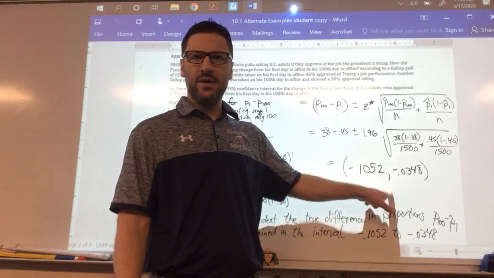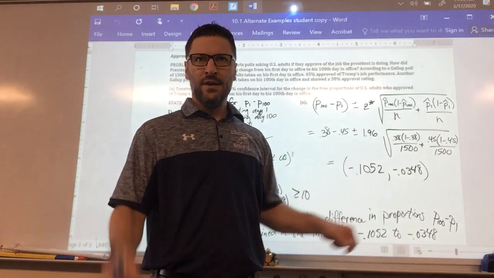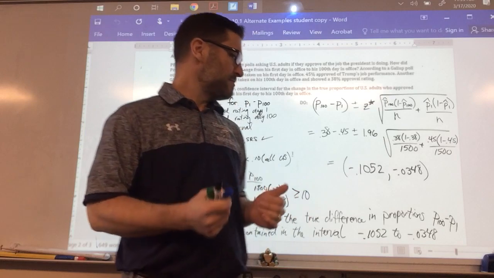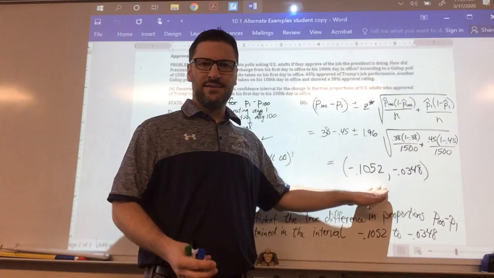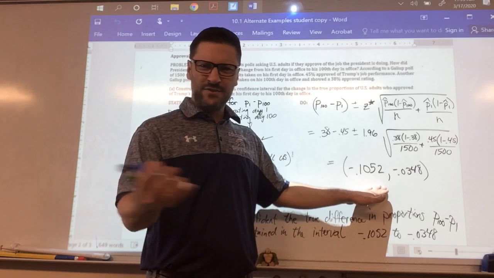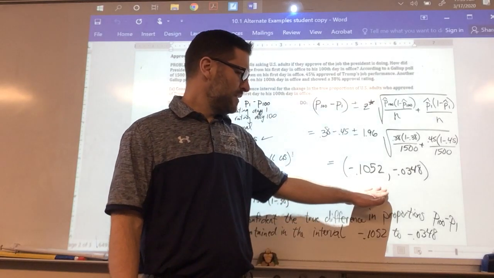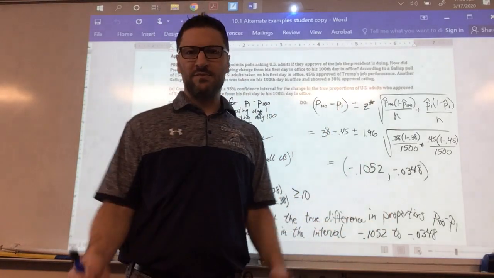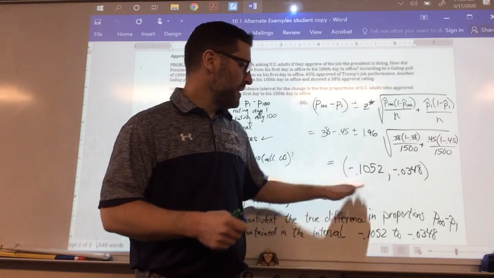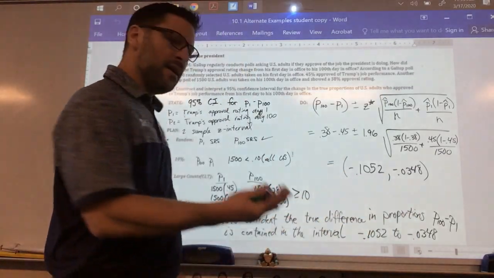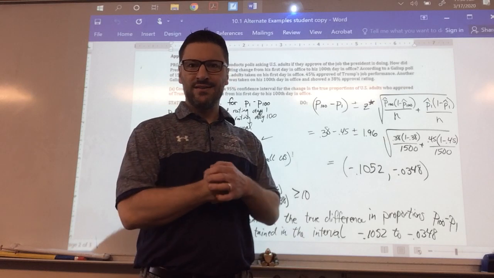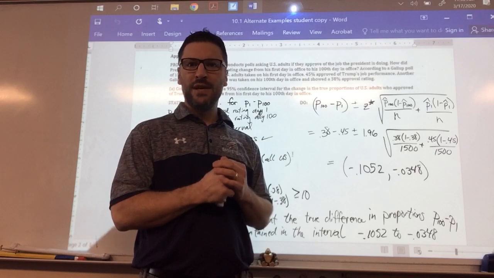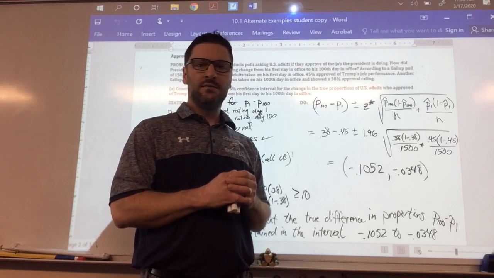If zero, or any positive number, was a plausible value in P100 minus P1, we would say there's a chance by sampling that maybe his rating hasn't changed at all. But because they're both negative, zero or positive numbers aren't contained within that confidence interval, so we're 95% confident that his approval rating has gone down from day 1 to day 100.